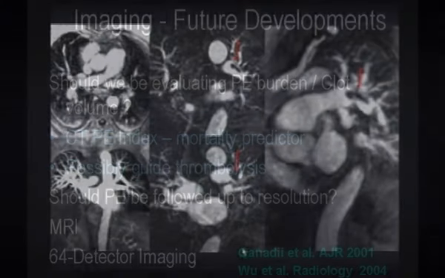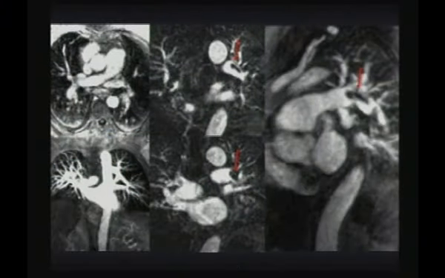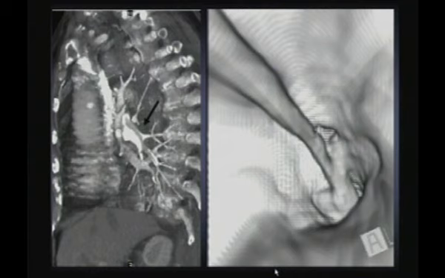Well, what about MRI? Well, we've moved from the earlier VIBE sequences and FLASH sequences to parallel processing and high field strength. And gradually our image quality is improving, but I think we've still got a long way to go with MRI. How about 64 detector imaging? Well, I think our preliminary experience with 64 detector imaging is that we actually have a slightly higher rate of examinations that are slightly suboptimal.